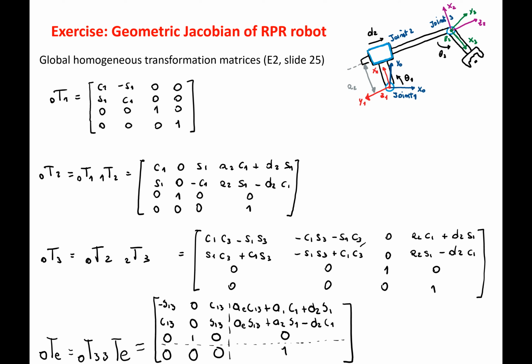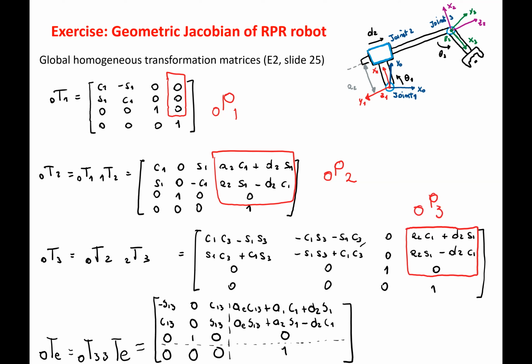So we already have the direct kinematics of this robot, but what's going to be useful are these vectors. For example, we have the position vector from 0 to 1, because remember that we have this difference between the end effector position and the position of the current joint frame. So we have 0p1, this one represents 0p2, this is 0p3, and the final one is 0 to the end effector.